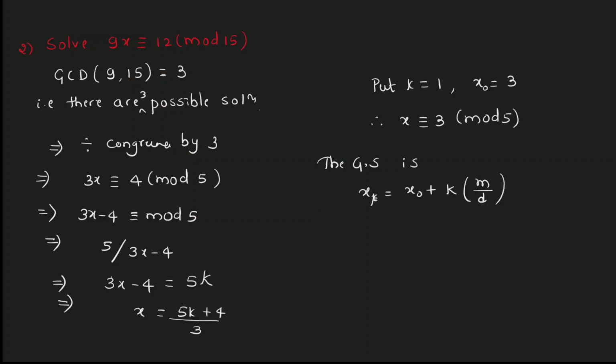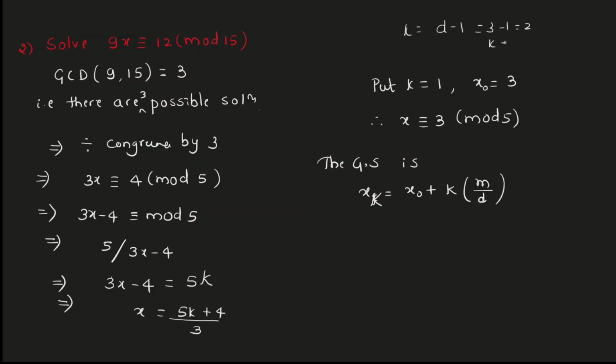x_k is x naught only, that is 3. Now, the number of possible solutions is 3, which means d is 3. As I said, you have to take k up to d minus 1. So 3 minus 1 means 2.